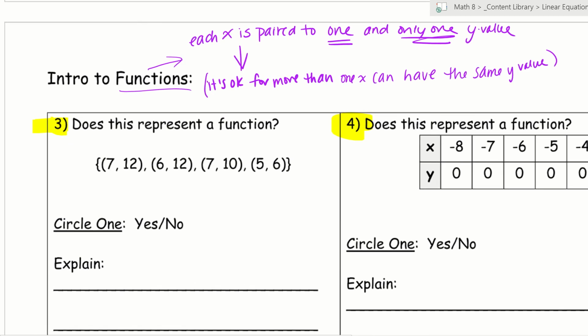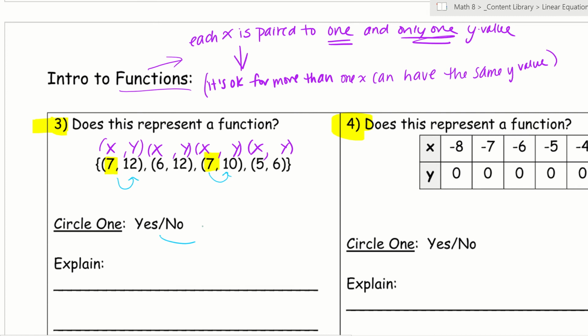So does this represent a function? Let's see. These are the x's and the y's. Now, do any of the x's repeat? Here's a 7, and here's a 7 again. If the x's repeat, that means x is paired with 12 and x is paired with 10.